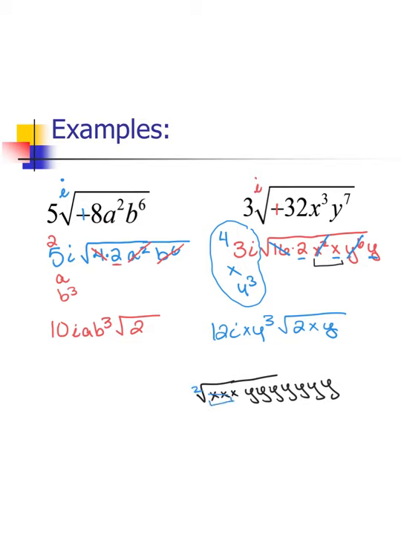So I have 2 x's, 1 comes out. I have 1 pair, 2 pairs, 3 pairs. So that's how I get the y to the third. So here it would be x y to the third, square root, I still have an x and a y, and that is the same as this part of that problem.